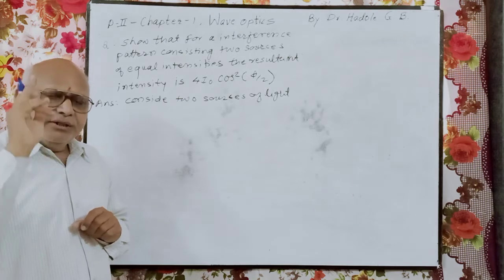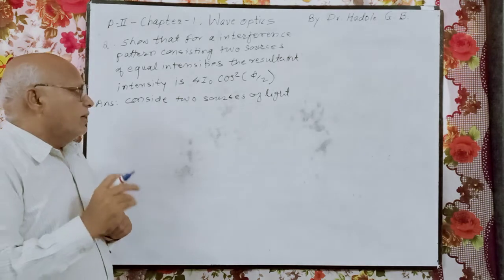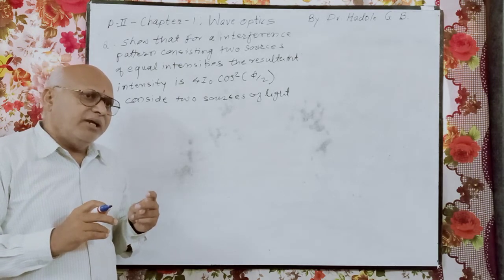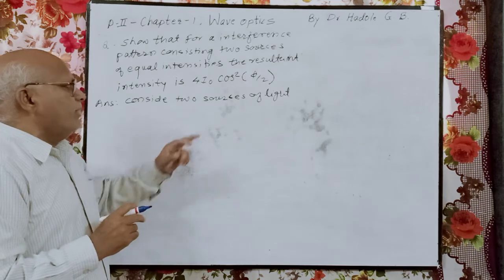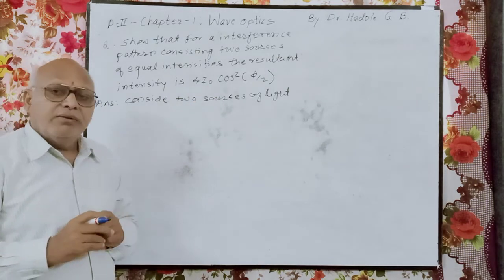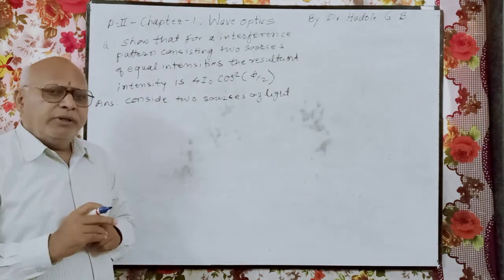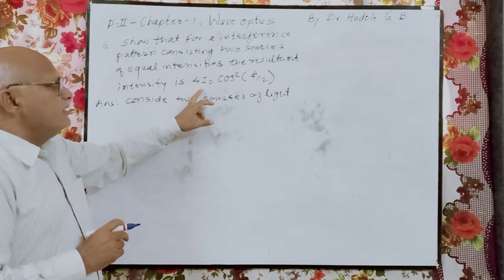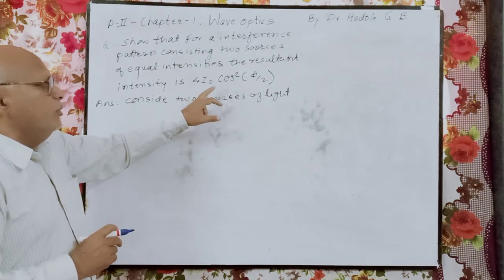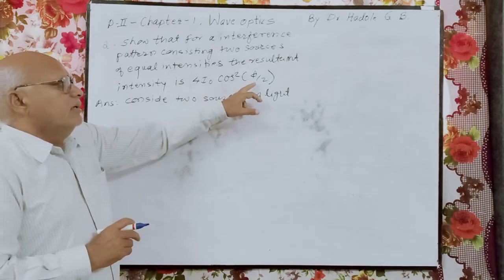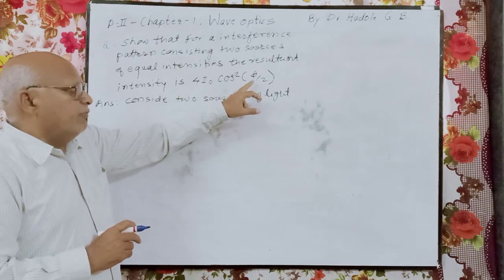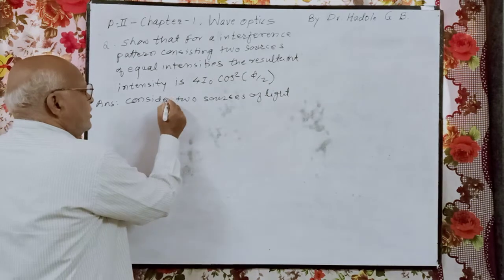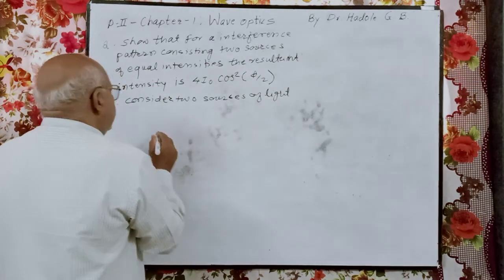Again on the screen there is one point P. Now at this point P, if these two sources are emitting intensities of equal magnitude I0, then at point P, for constructive interference, the resultant intensity will be 4 I0 into cos square phi by 2, where phi is the phase angle.